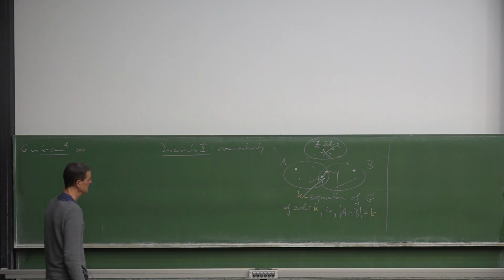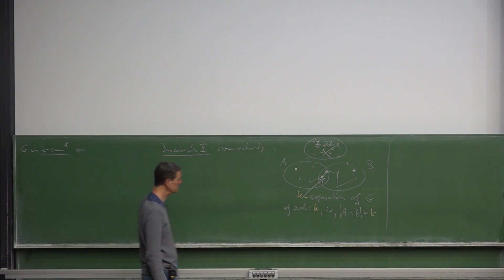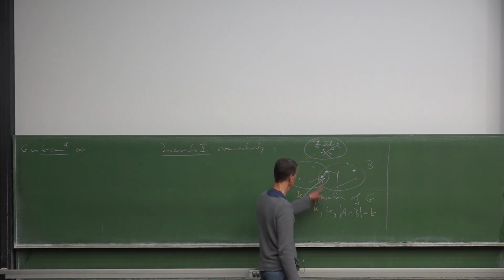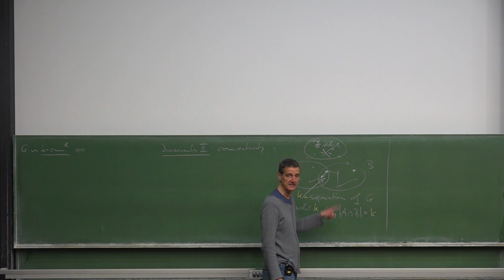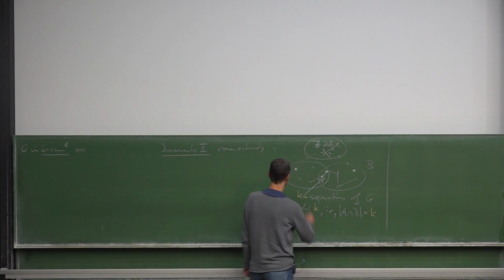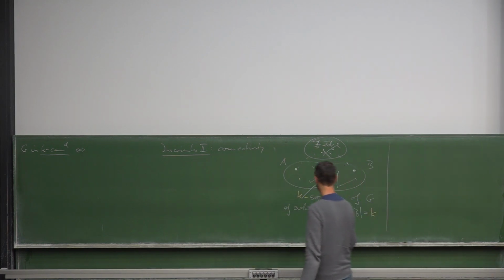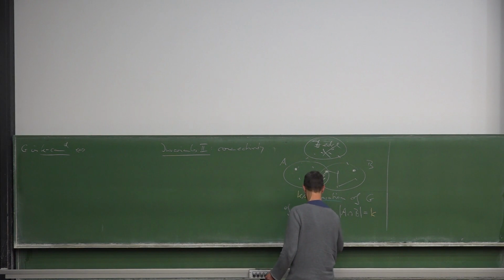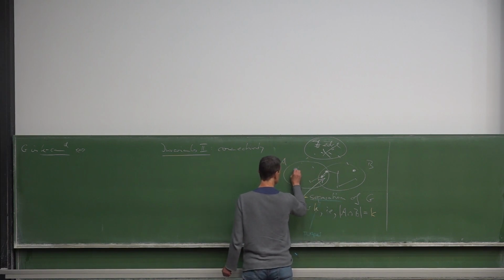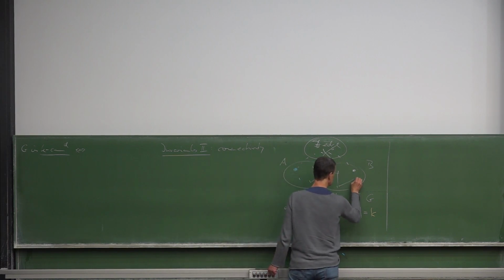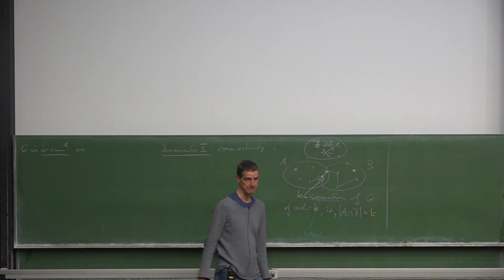If there is no proper separation of order less than K, and the separation is proper if A minus B and B minus A are both non-empty, right?